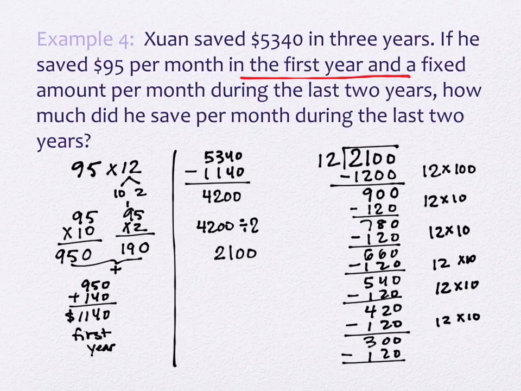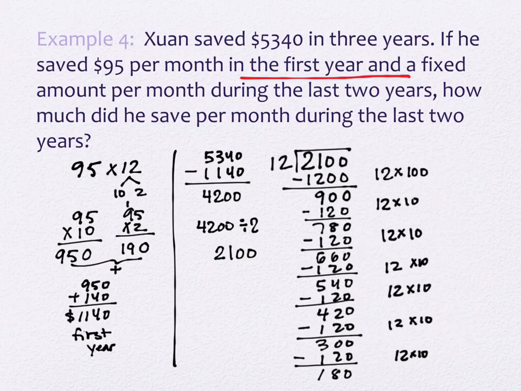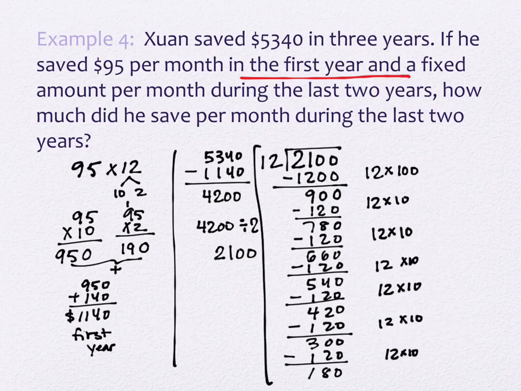120 again gives me 180. I have 180 at the top, so I'm going to start back with 180. 180 minus 120 is 60. So that's the point when I can't subtract the 120s anymore, but now I subtract just the 12s, and I do them one at a time.